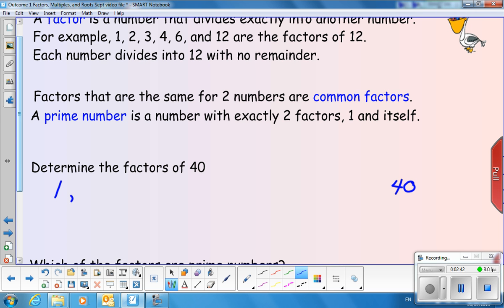Then we're going to move up and try 2. 2 goes into 40. 2 times 20 is also 40. 3 does not go evenly. 4 times 10 is 40. 5 goes evenly because 5 times 8 is 40. 6 does not go. 7 does not go evenly. And the next number is 8, which puts me at this end of my list of factors, and so I know there are no other numbers that will go into 40 evenly.